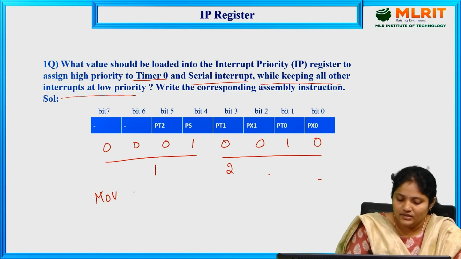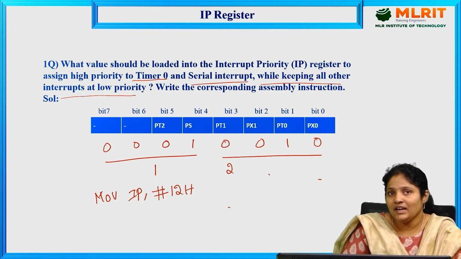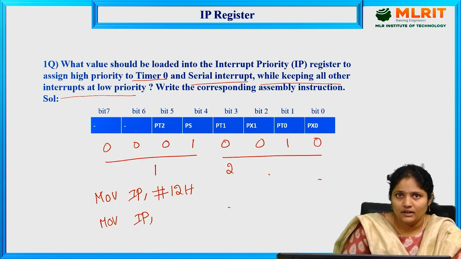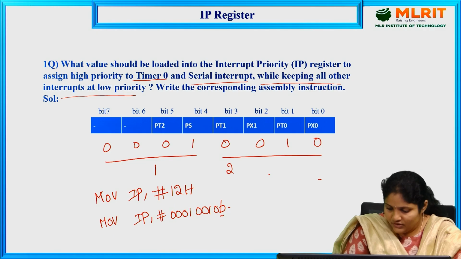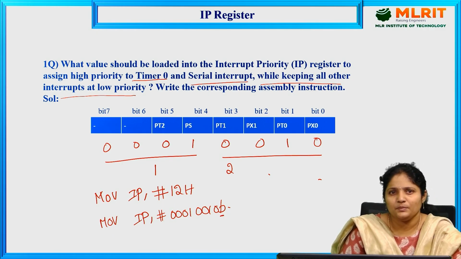This is the IP register, so MOV IP, comma, hash, and here we have 1 and here we have 2, in hexadecimal representation. Or we can write the bits directly: MOV IP, #00010010B. Here B means binary. You could use the same numbers, or decimal numbers also.